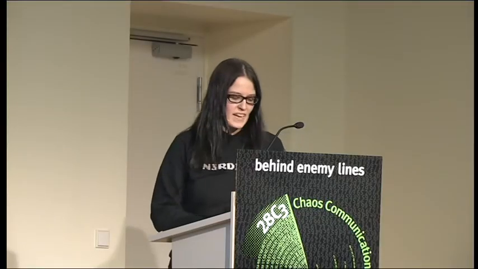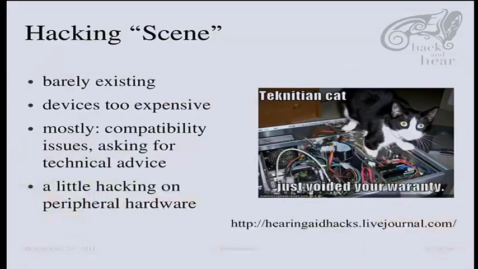Yeah, hacking. When I started to dig into that topic, I was really disappointed that there is not very much hacking. There's one forum called hearingaidhacks.livejournal.com. This is the biggest one I found. But if you go through the entries, it's mostly people asking for technical advice. So I bought this and this hearing aid.